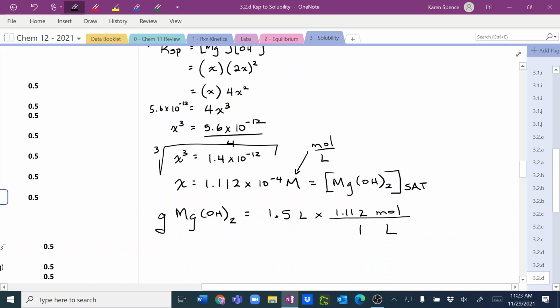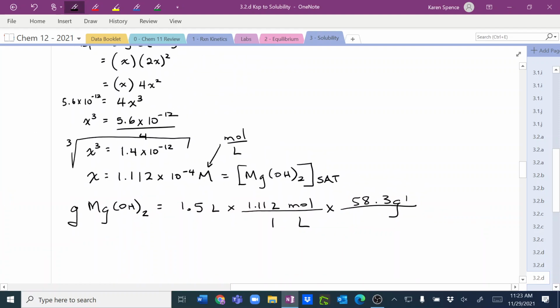Then we need our molar mass for Mg(OH)2: 24.3 plus 16 times 2 plus 2 is 58.3 grams of Mg(OH)2 per mole.